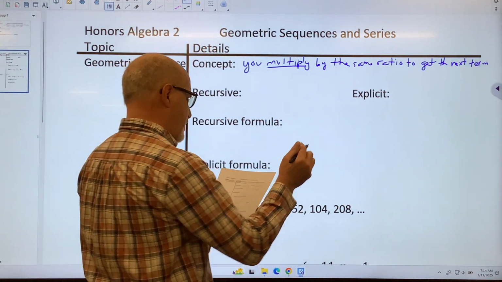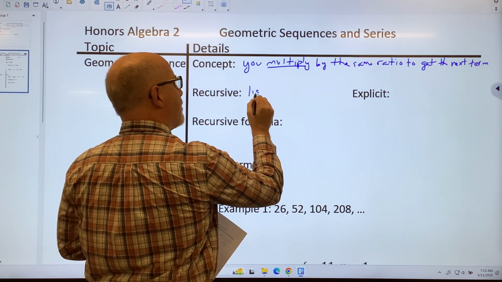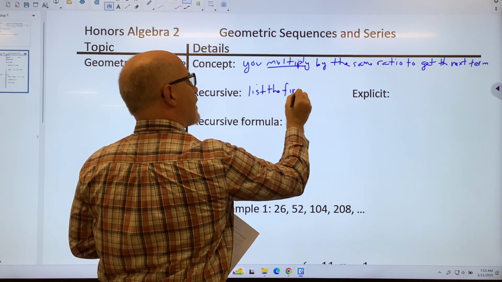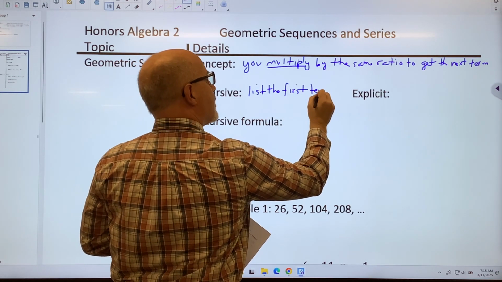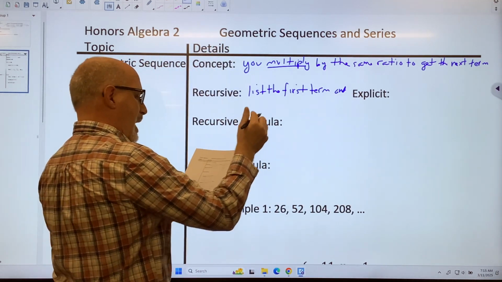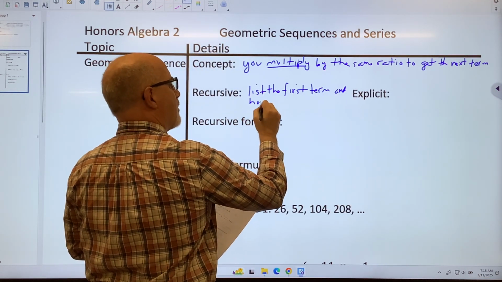So for recursive, you want to list the first term, and how to get to the next term.